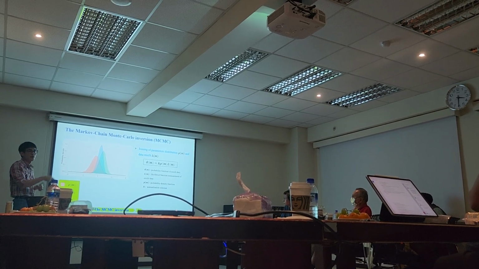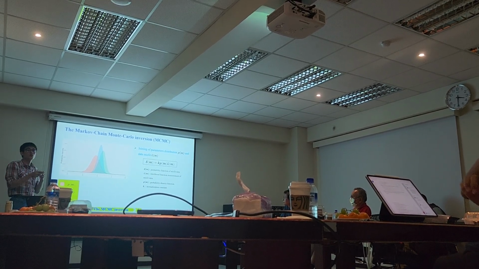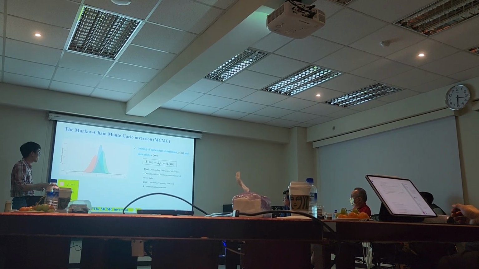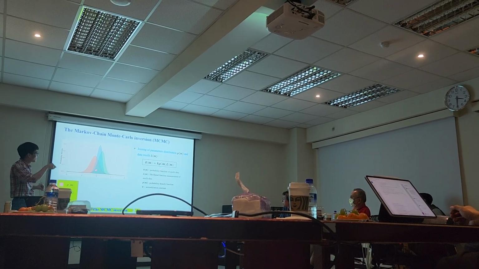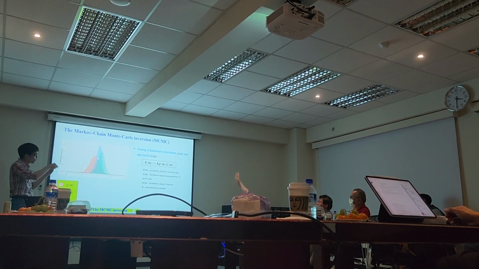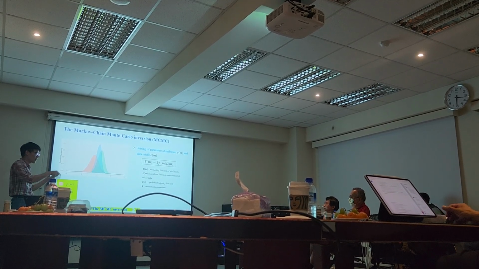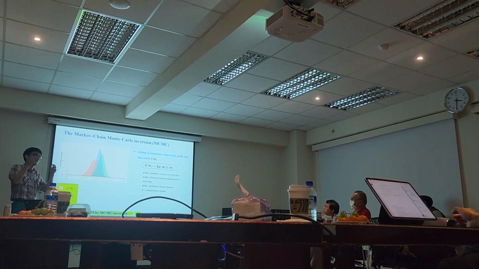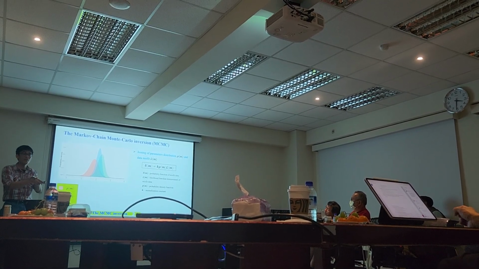It quantifies the misfit between the synthetic data, the forward data, and the observed data. If we simply do it like this, it is called a random walk Monte Carlo inversion, so it easily falls into local minima.